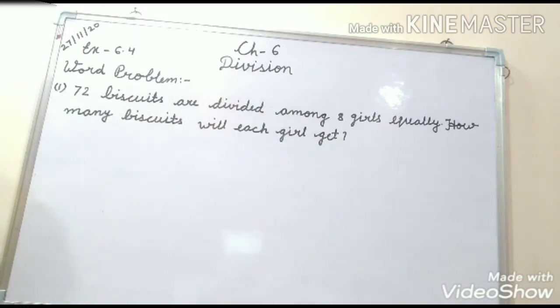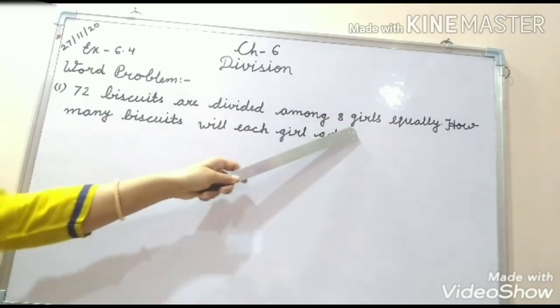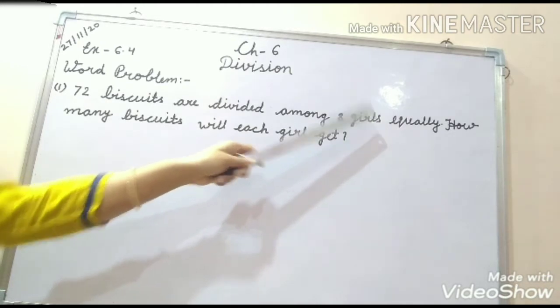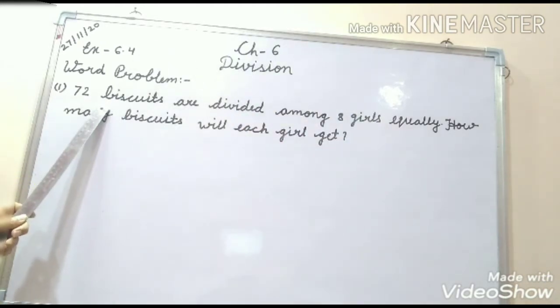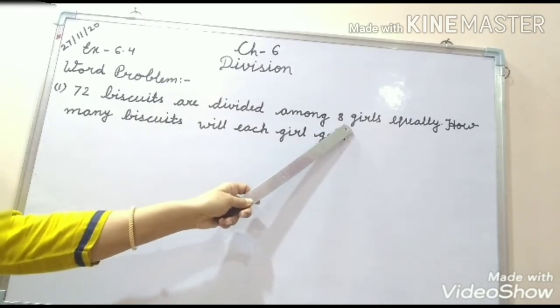So in a word problem, what you have to do? First you have to understand what the question is asking. What information has been given here? Total number of biscuits are 72 and the number of girls are 8.